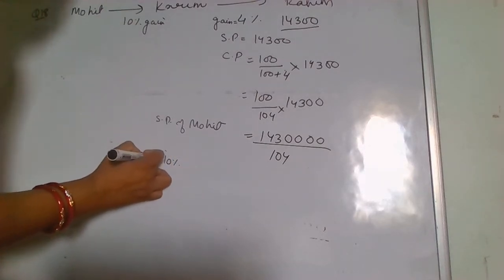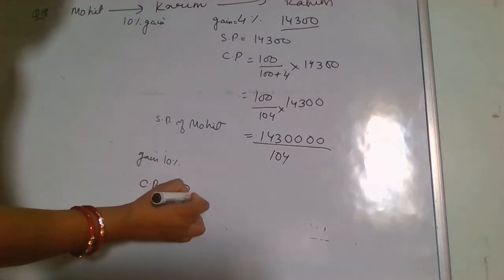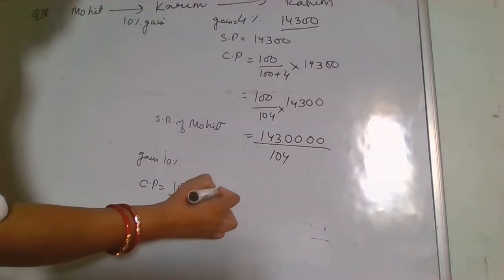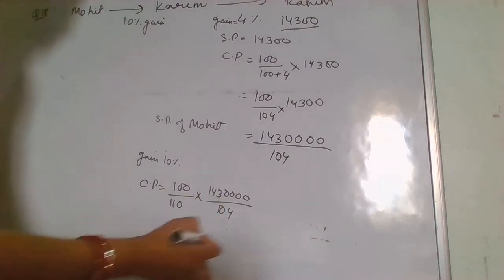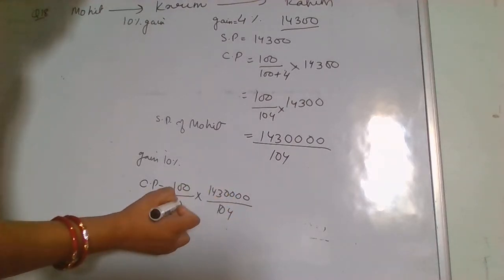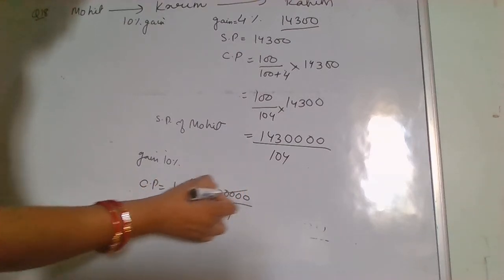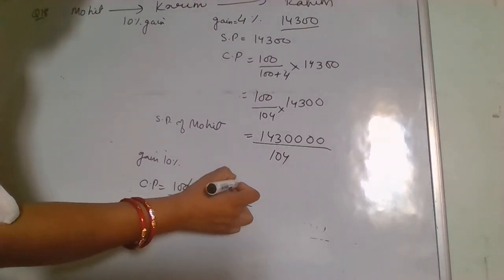10%. We will find the CP. CP is again 100 by 100 plus 10, that is 110 into this one, 143,000 by 104. 11, so it will be cut out. Yes, 10 and 10 will be eliminated. 11 ones are 11, 11 threes are 33.